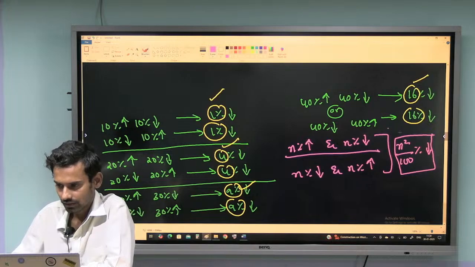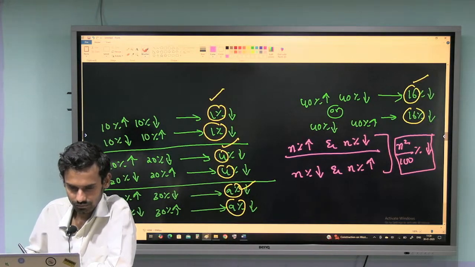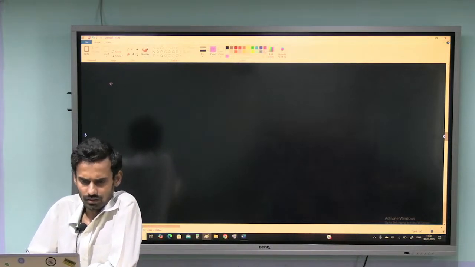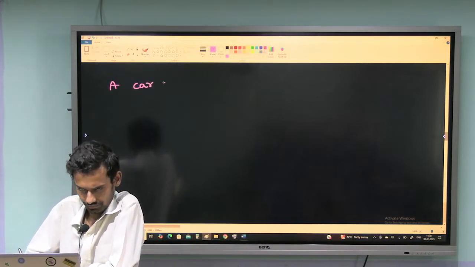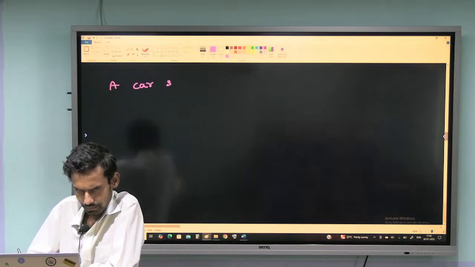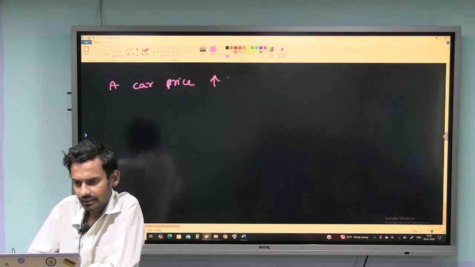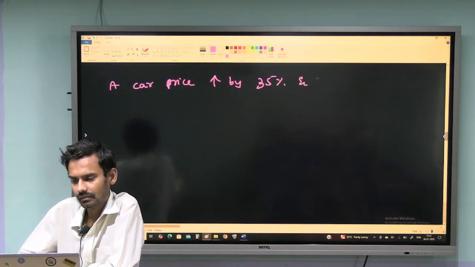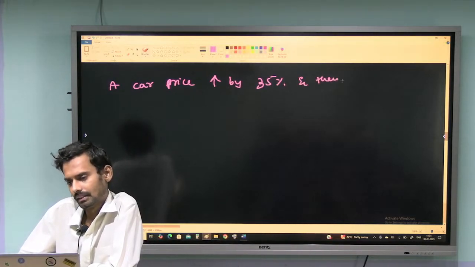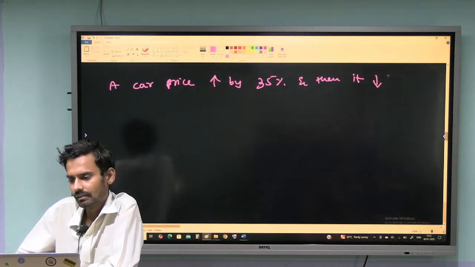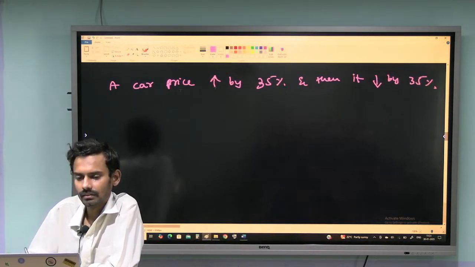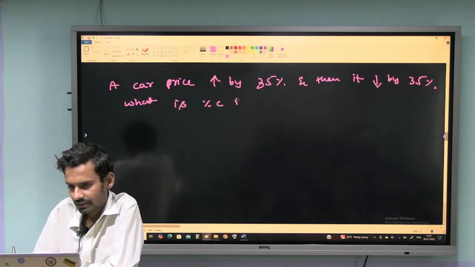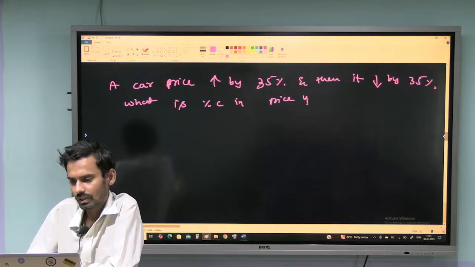For example, if I say a car price increases by, let's say, 35%, and then it decreases by 35%, what is the percentage change in price of the car?